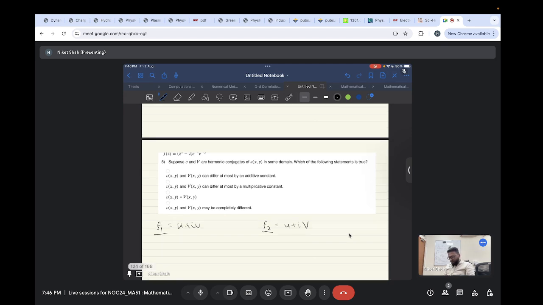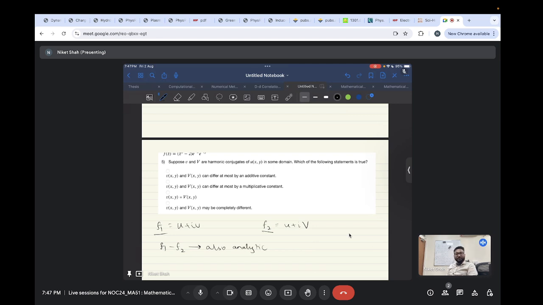Now we know that when we have two analytic functions, we can add them up. We can have a linear combination of these functions, and even that's an analytic function. So f1 minus f2 should also be analytic.